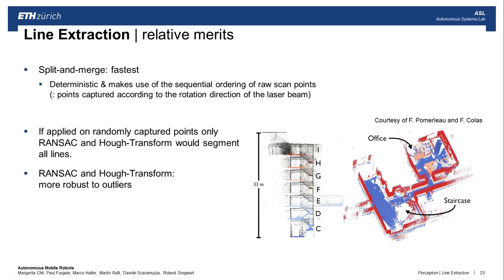Now, if we were to apply line extraction algorithms on randomly captured points, then only RANSAC and Hough transform would be able to segment the lines. Finally, we need to point out that RANSAC and Hough transform are a lot more robust to outliers than split and merge. And with this, we conclude this segment.